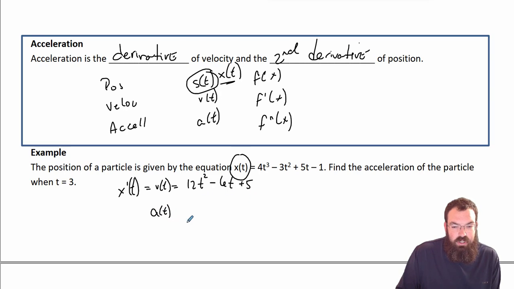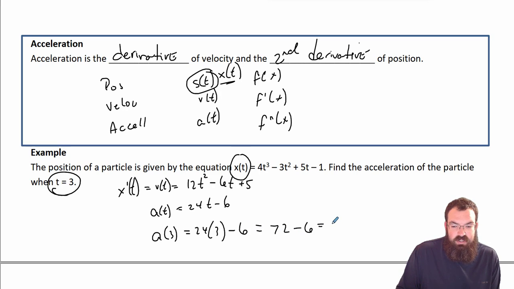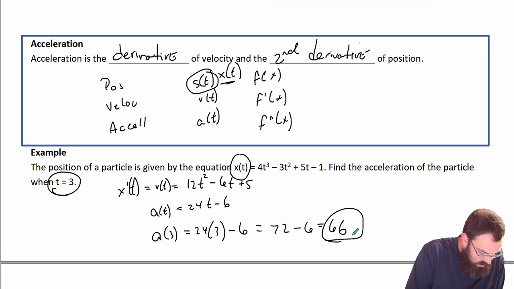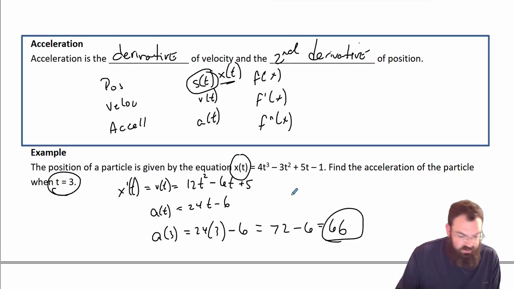I want to find the acceleration. So that's 24t minus 6. But I want to find it when t is equal to 3. So a of 3 is equal to 24 times 3 minus 6, which is 72 minus 6, which is 66. Boom. Fantastic. So a of 3 is equal to 66.